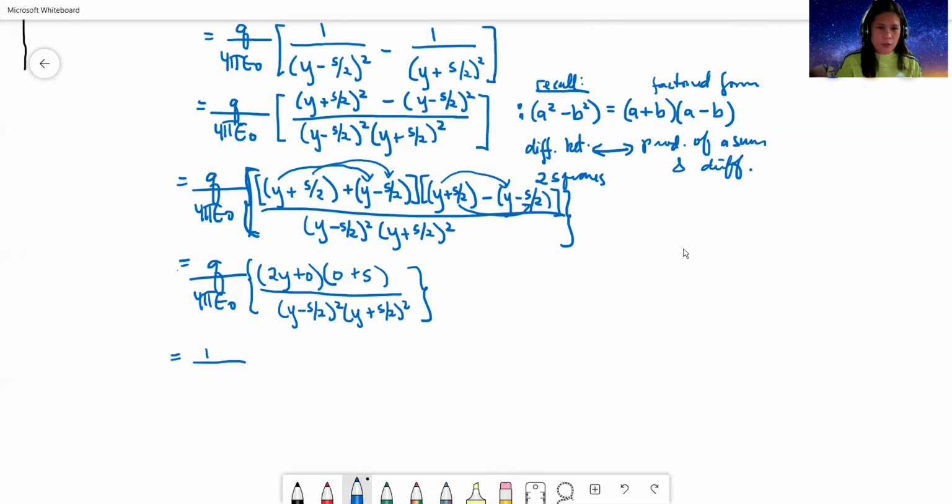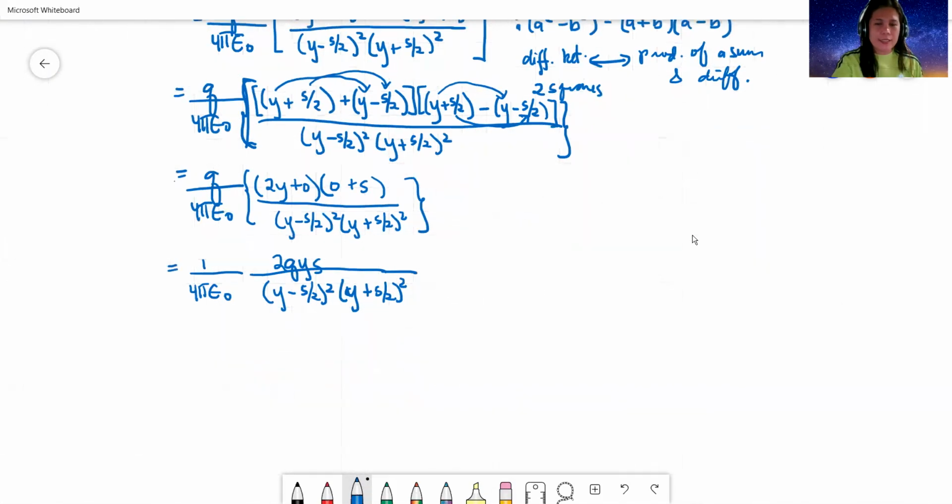We have 1 over 4 pi for the constant, and then 2 times q times y times s, all over (y - s/2)² (y + s/2)².